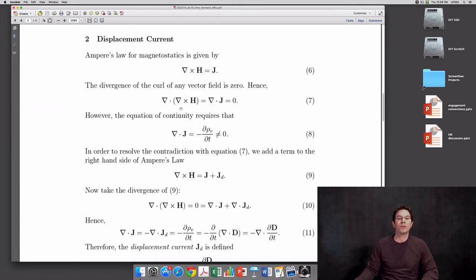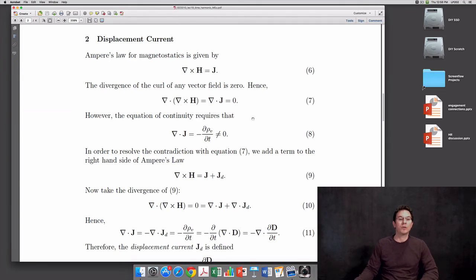So the divergence of the curl of H is equal to 0, just by virtue of the fact that the divergence of the curl of any vector field is always equal to 0, which also implies that the divergence of the electric current density J is equal to 0.